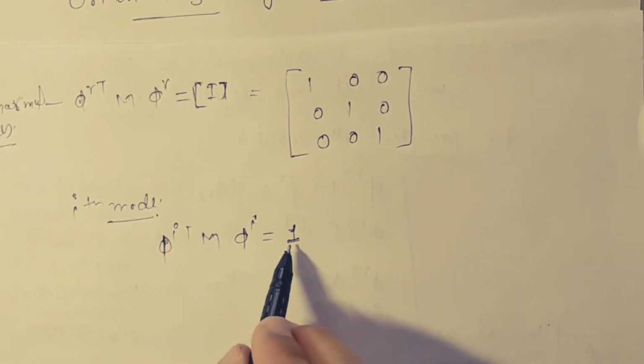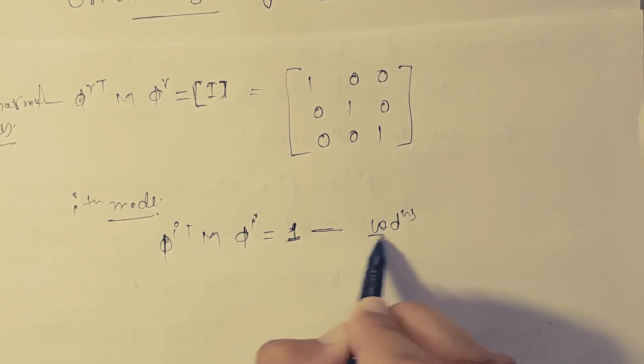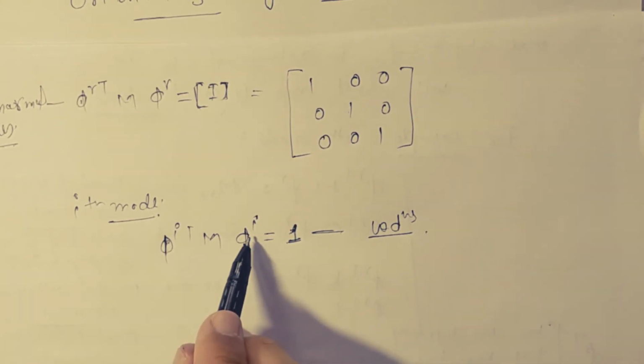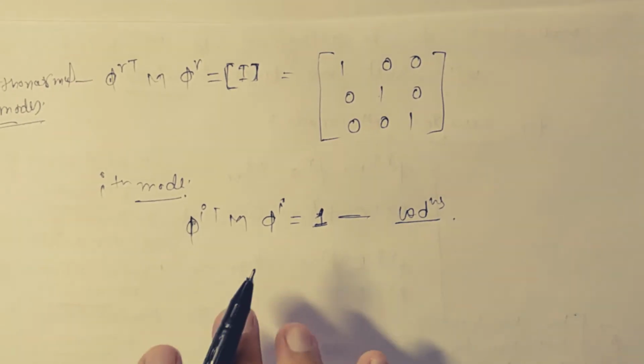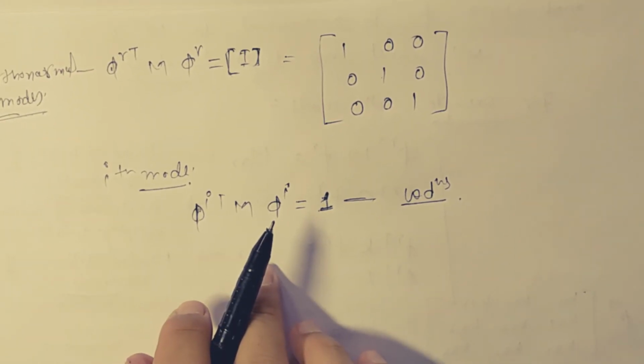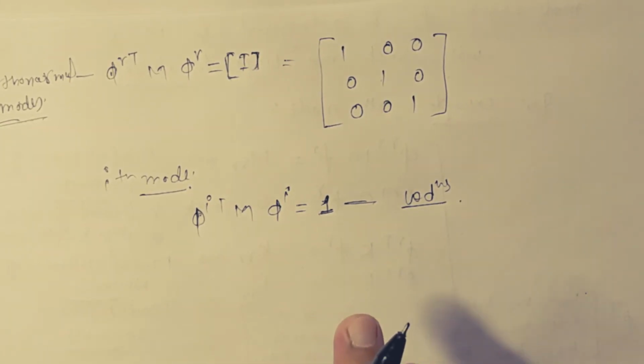So to get the 1, if we apply this condition, then we'll get the normalized mode shapes. So now we'll take an example and consider how to normalize the mode shape with respect to the mass matrix.